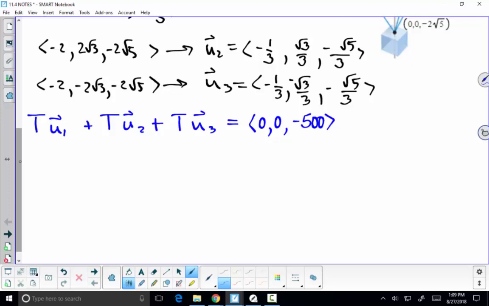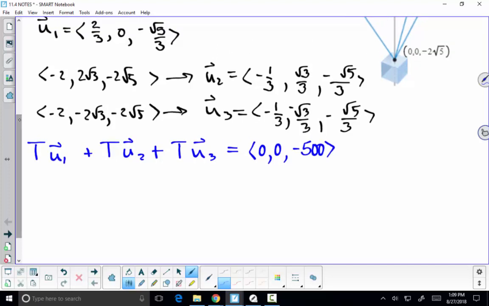So T times, let's look up here. Third component, we're going to have negative square root of 5 over 3 times T, plus third component there is negative root 5 over 3 times T. Third component there, oh, they're all the same, aren't they? Times T equals negative 500.